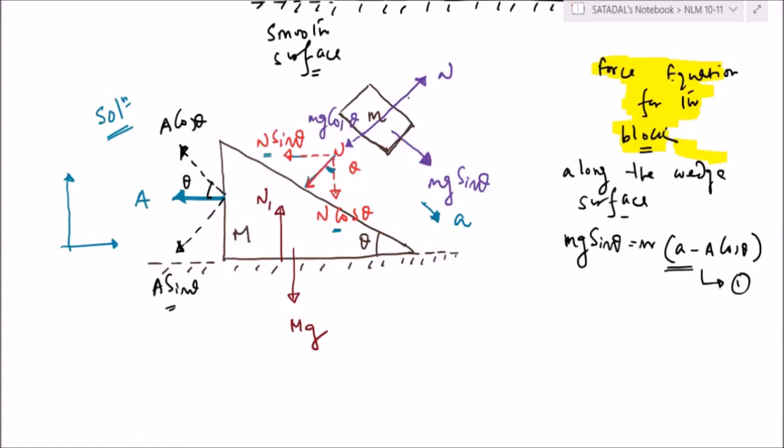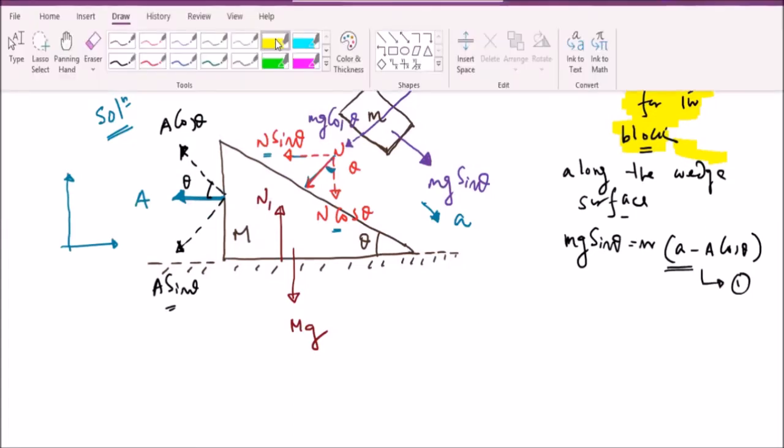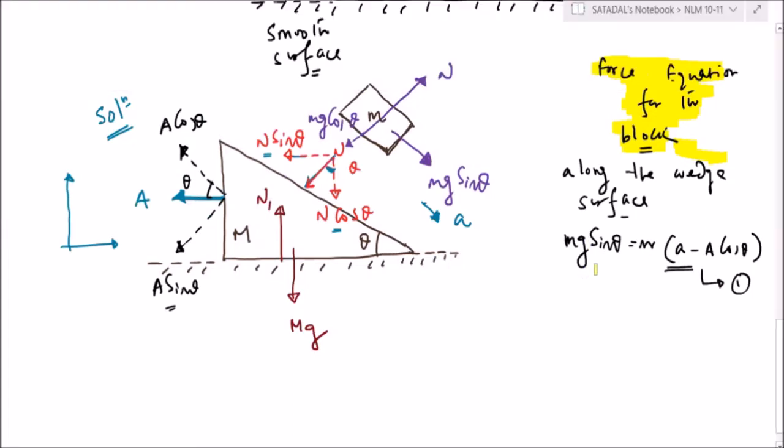Yes, Joshika, tell me. Sir, why not take components for N acting on block M? No, you try to understand. We are analyzing the motion of the block along the wedge surface because it is accelerating along the wedge surface, right? So that is why I am taking this as x direction.